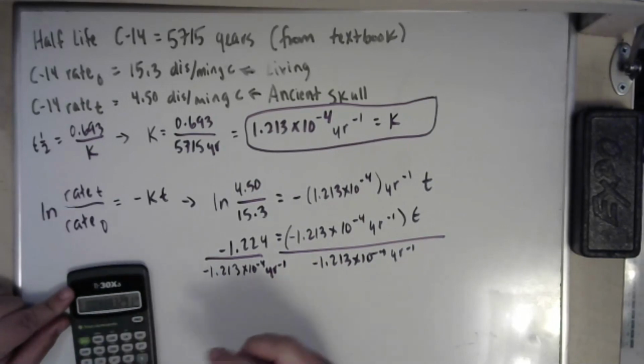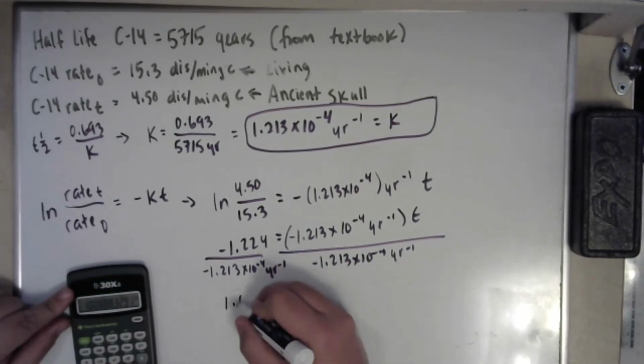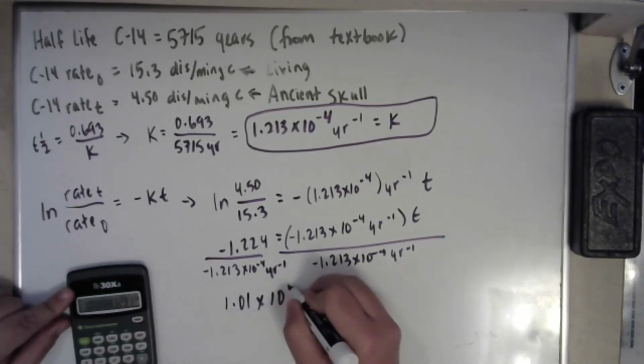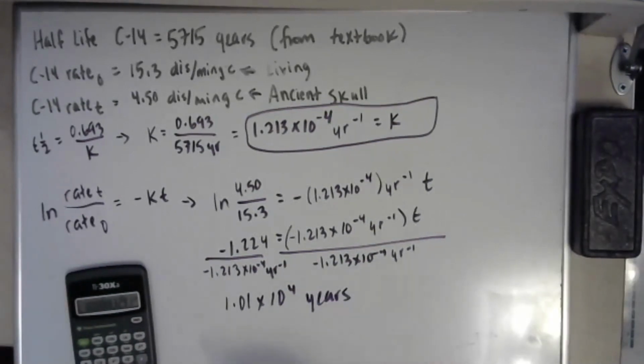And we get 1.01 times 10 to the 4 years. So this is going to be the age of the skull. How old is the skull? It's, I guess, 10,000 years old, almost 11,000 years old.